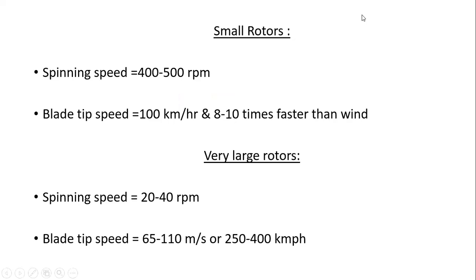And coming to the very large airfoil rotors, they turn much more slowly. Their spinning speed is only 20 to 40 rpm, because due to their large diameters, if they rotate at higher speed, they will get damaged.